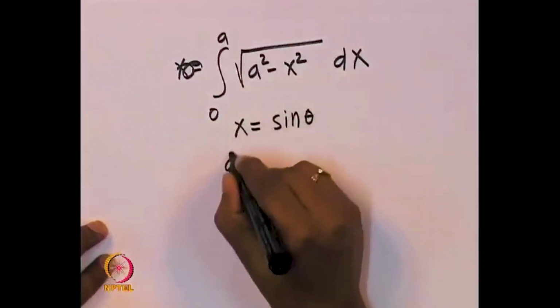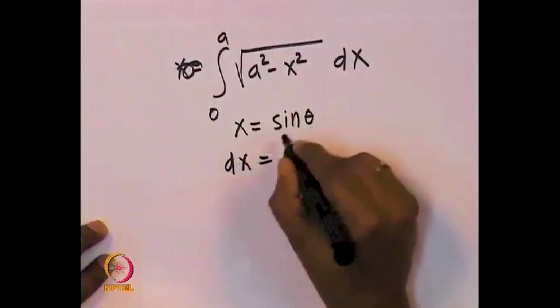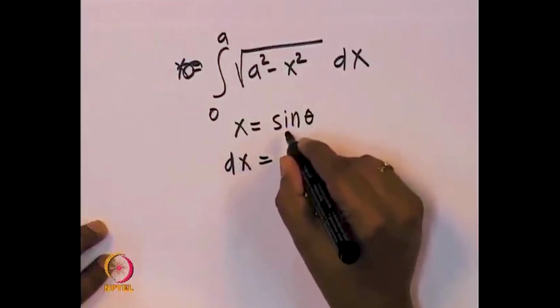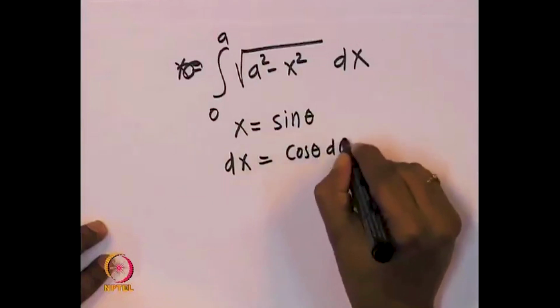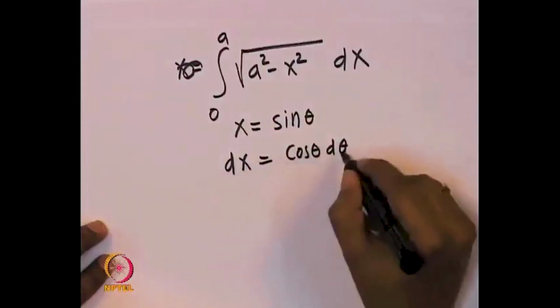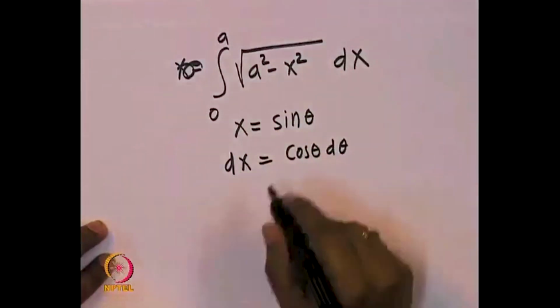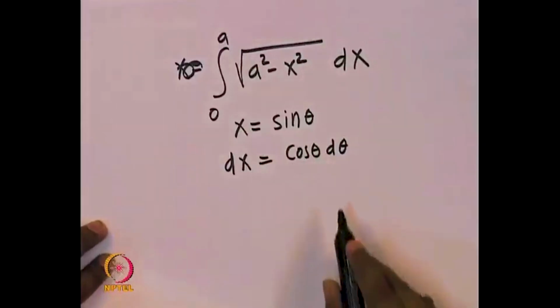What does this mean? This means dx is the derivative of sin theta, which is cos theta d theta, because dx by d theta will be cos theta. So, dx is cos theta d theta, right.